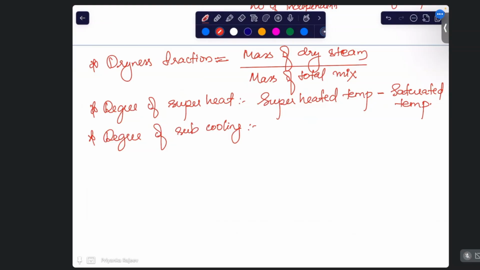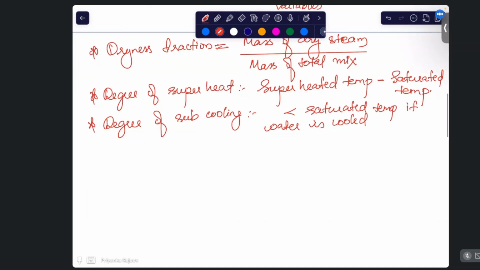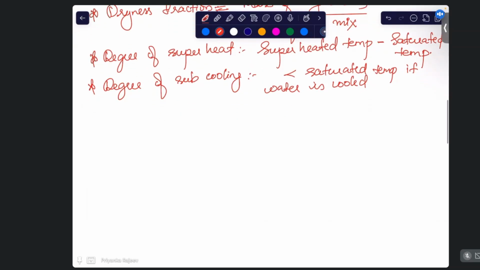So less than saturated temperature. If water is cooled, then that is called the degree of subcooling.